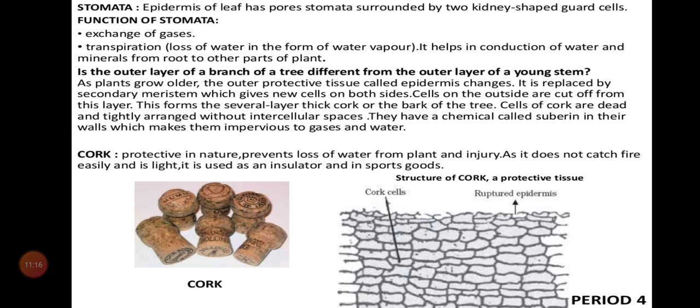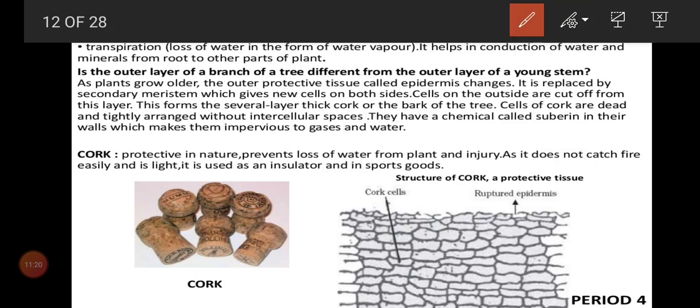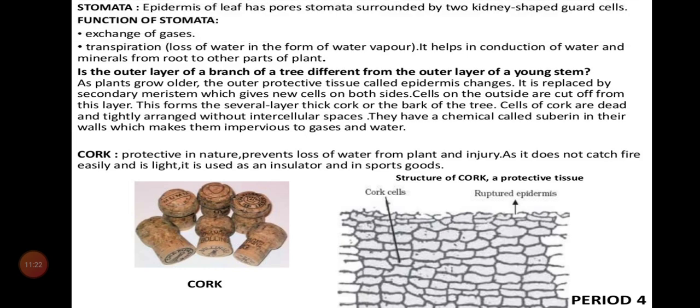So what are the two roles of stomata? Very often they ask this question. Please write the two functions of stomata. Very often they ask in the Sagodhya questions, what are the two functions of stomata? One function is exchange of gases, the first point. Second, it helps in transpiration. These are the two functions of the stomata.